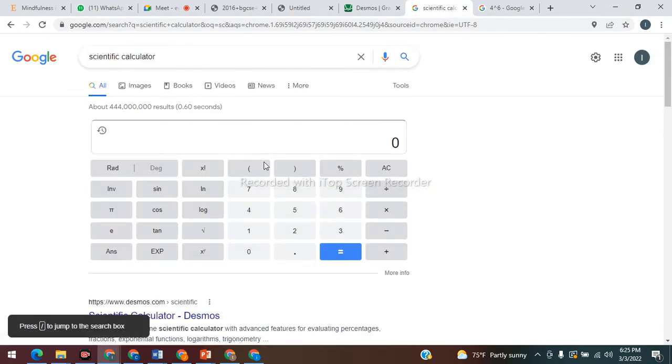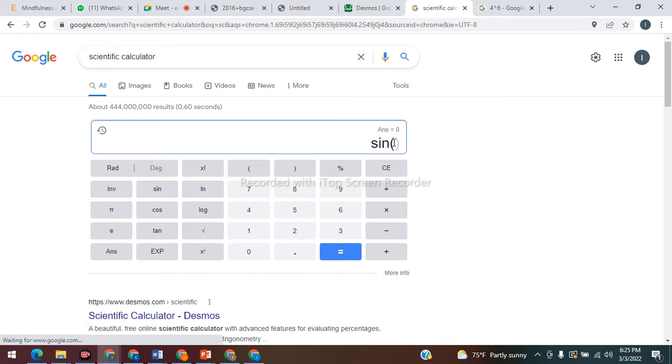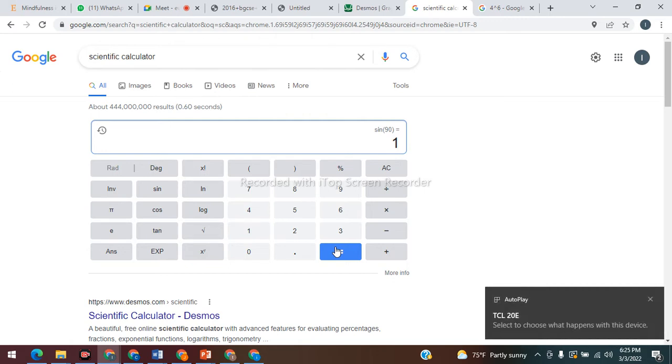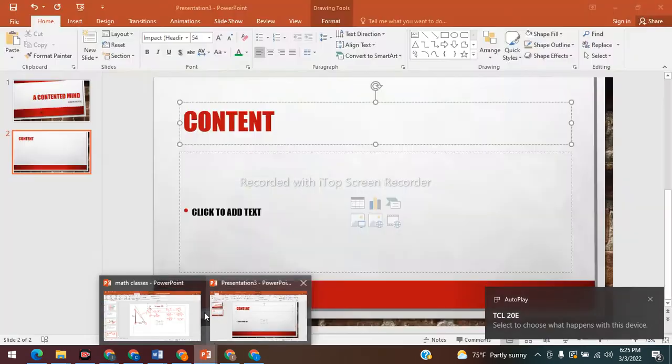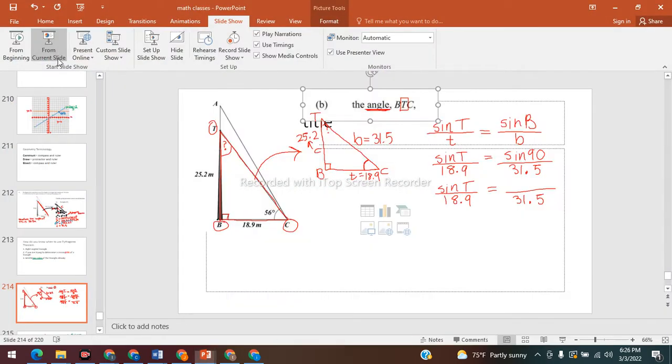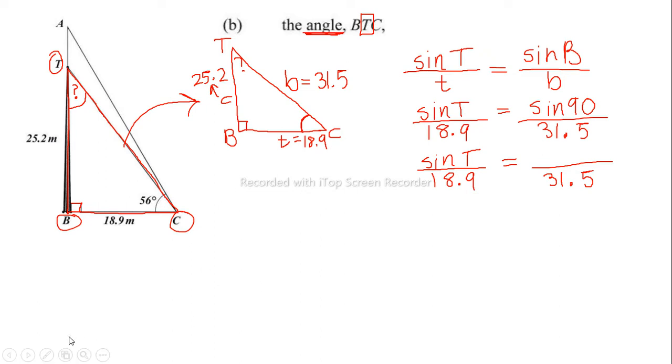Sine of 90 degrees, making sure your calculator is in degrees, is 1. You'll be surprised how many things are equal to 1 in maths. So sine of 90 is 1.